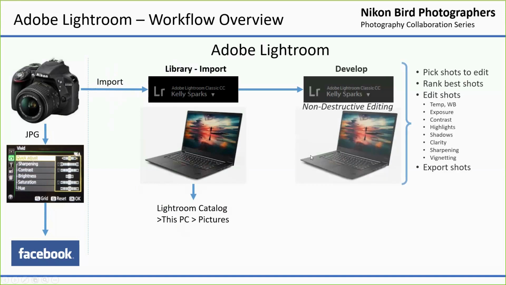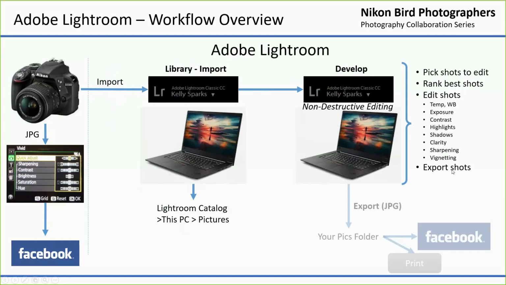Then you go from the import module of Lightroom, which you'll see, to the develop module, and this is where you pick your shots to edit, rank your best shots, and edit your shots with all these different cool things you can do. Then you eventually export your best shots back to another folder on your computer, which you can then share to Facebook or print or whatever you want to do.